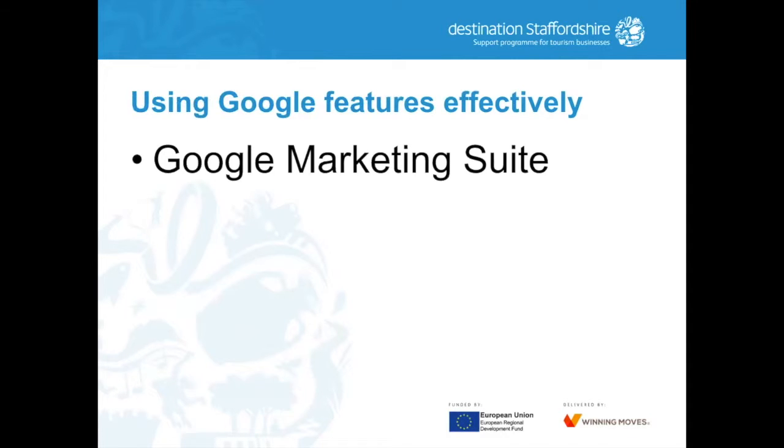So first of all, we're going to talk about using Google features effectively. Google have introduced something called Marketing Suite, and this is at the time of recording. It is worth noting that Google turned 20 in September 2018, and during this celebratory time, they've been introducing new features, additions to features, changing features, and offers to small business.